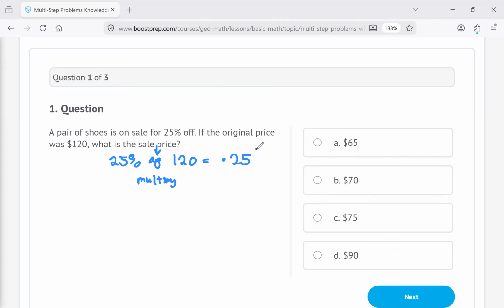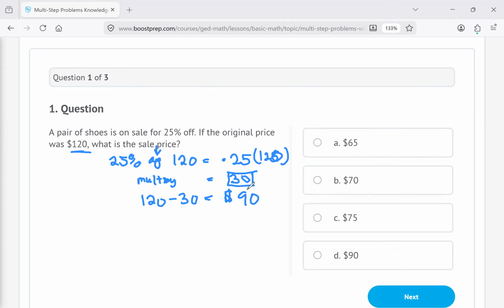So I'm going to put parentheses to represent multiplication. 120 times 0.25 is 30. What is this? It's going to be lower than 120. That's how you're taking $30 off, right? That's your percentage off. So it's going to be 120 minus 30, which is $90.